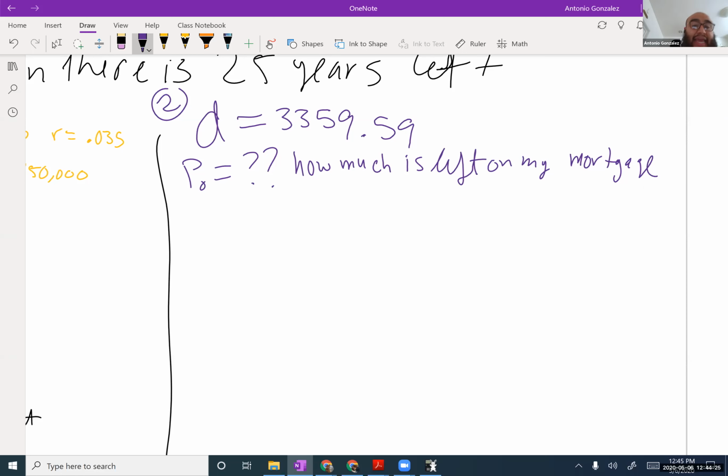And again, N is not going to be 5. Think of N as always how many years until the loan ends. It's no longer 30, it's not 5. 5 is where I reevaluate, and after 5 years, there are 25 left.